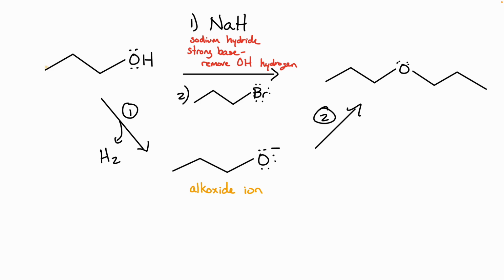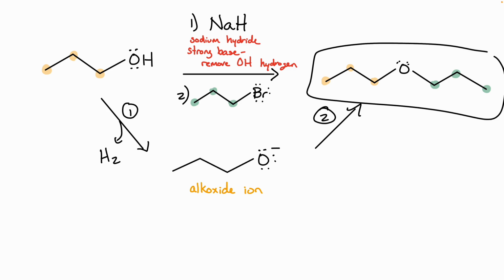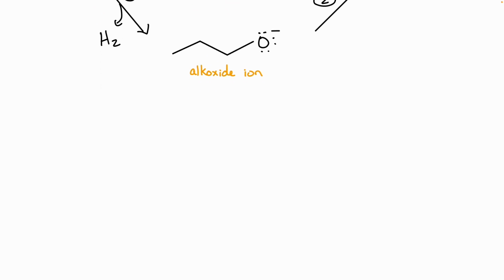I had these 3 carbons that were originally in my alcohol. That made up these 3 over here. And then I had these 3 carbons from my alkyl halide that made up those 3 there. So in this case, there's only one combination of alcohol and alkyl halide that you could choose to get this symmetric ether here.